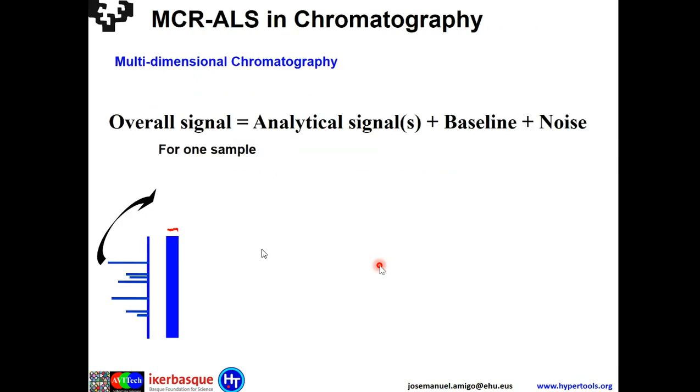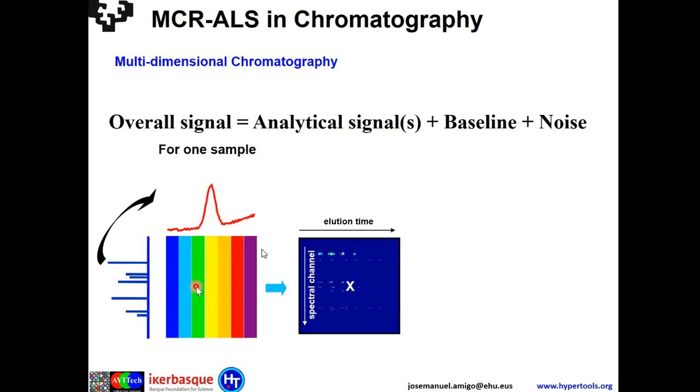I will show you again some of the same slides as before, but it's nice to remember that when you are measuring with a chromatographic device that can record one full spectrum per elution time, here you have one elution time and there you have the spectrum, in this case a mass spectrum, then for each sample you already have a matrix.